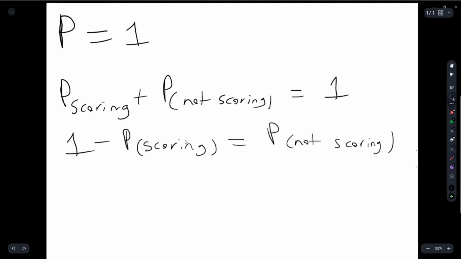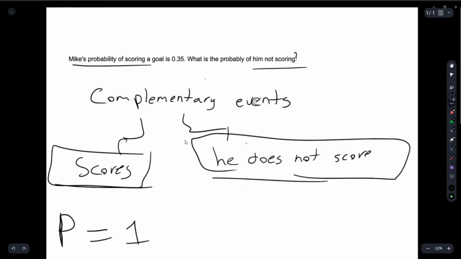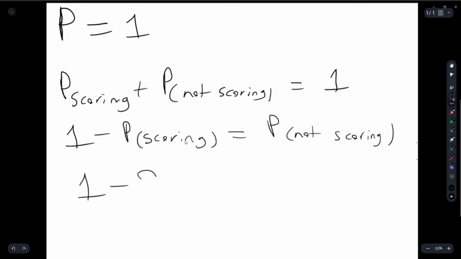And the question gives that the probability of Mike scoring is 0.35. So the probability of him not scoring will be 0.65.